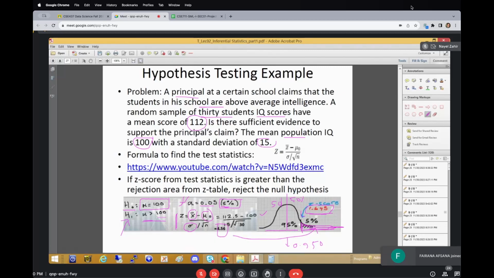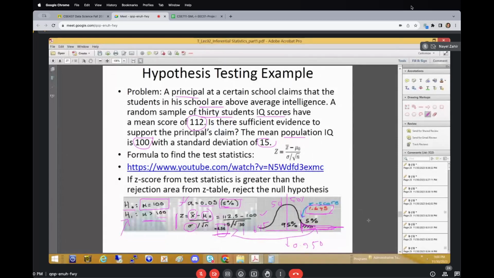That means 4.56 is greater than our 1.645, so this value is in the rejection zone. Rejecting the null hypothesis means we can accept the alternate hypothesis. So the claim of the principal is somehow true.